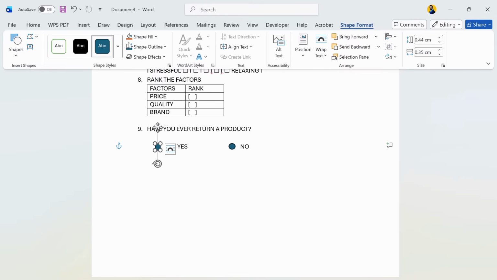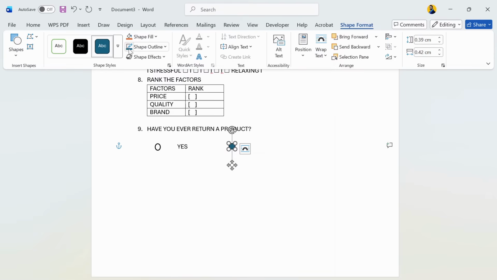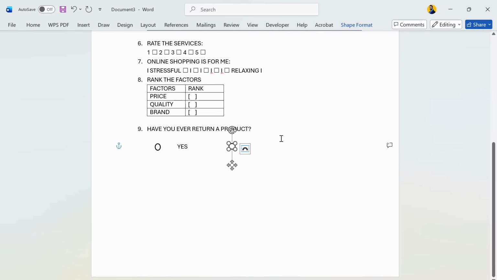So just go to shape format and select the black and white combo. Similarly for this too, shape format and black and white. You can just do Control C. Like this, right? So this is our question number 9.